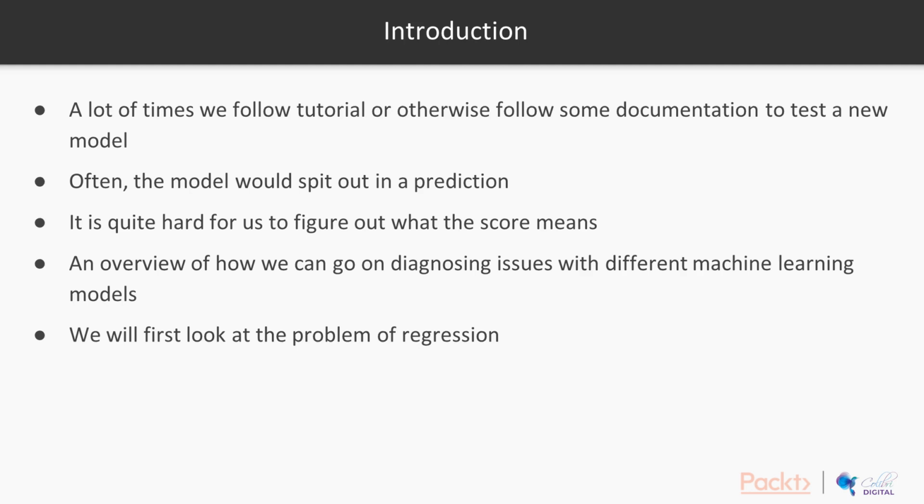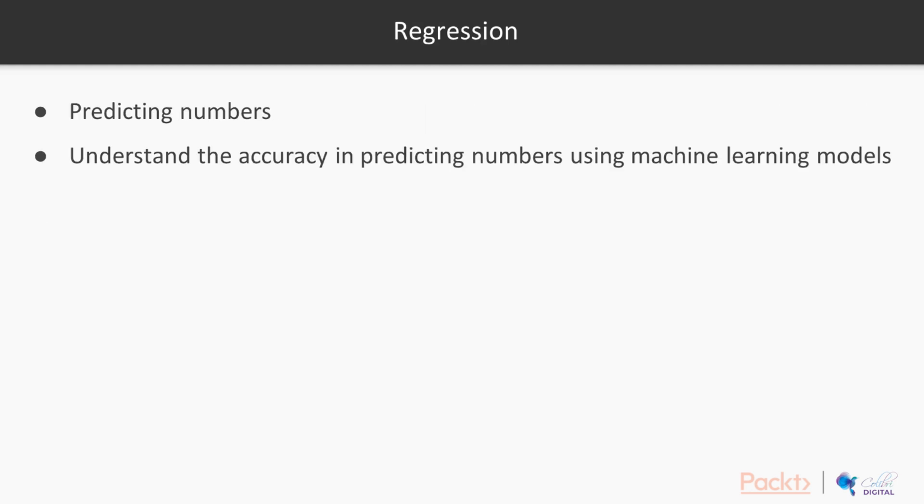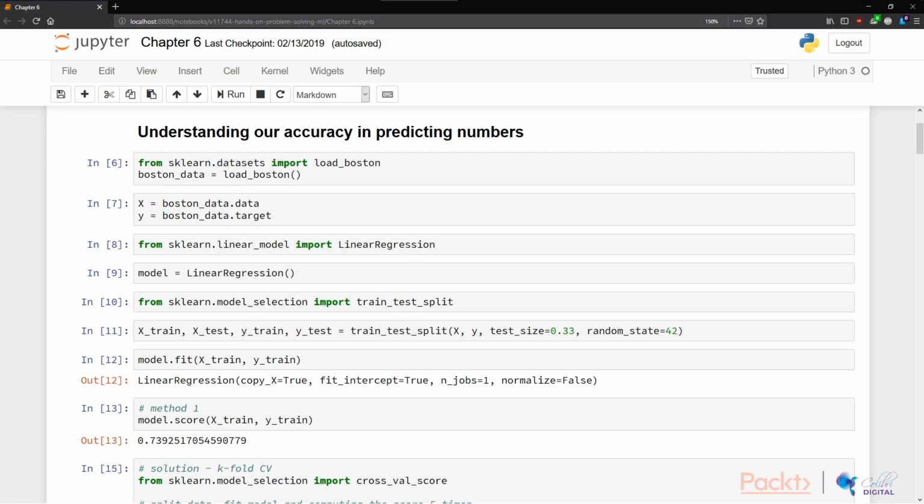So let's first look at the problem of regression. So again, regression is about predicting numbers, and we are trying to understand our accuracy in predicting numbers using machine learning models. And so to set up the situation, what we're doing here is we are first, in in6, again importing the Boston dataset by calling the load_boston function in the scikit-learn datasets module.